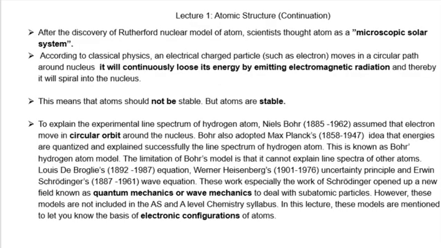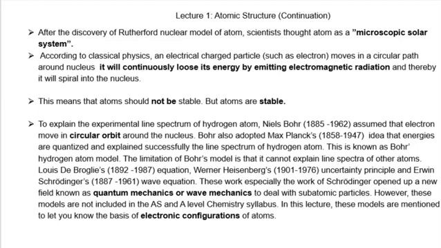Well, if we remember the Rutherford nuclear model, which is called a microscopic solar system. According to classical physics, if a charged particle circulates around another charged particle, then the charged particle continuously loses its energy by electromagnetic radiation, and thereby it will spiral into the nucleus.